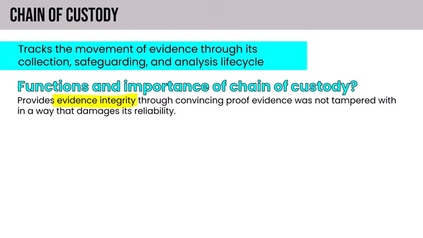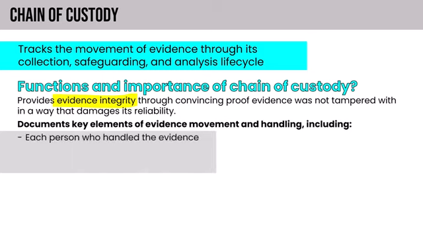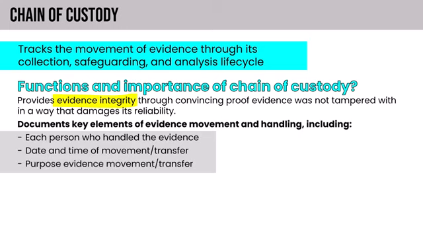So what are the functions and importance of chain of custody? Well, it provides evidence integrity, if I were to coin a phrase. Through convincing proof, evidence was not tampered with in a way that damages its reliability. So it documents key elements of evidence movement and handling, including each person who handled the evidence, the date and time of movement or transfer, and the purpose for the evidence movement or transfer.